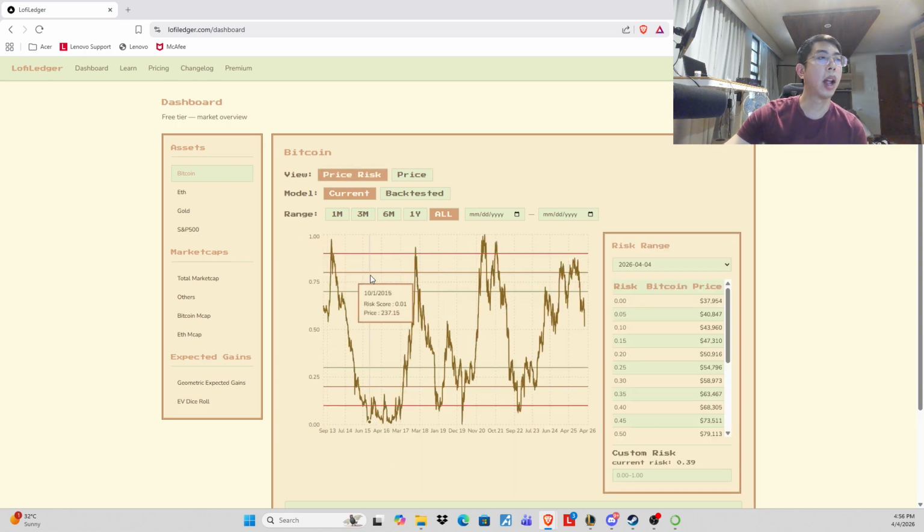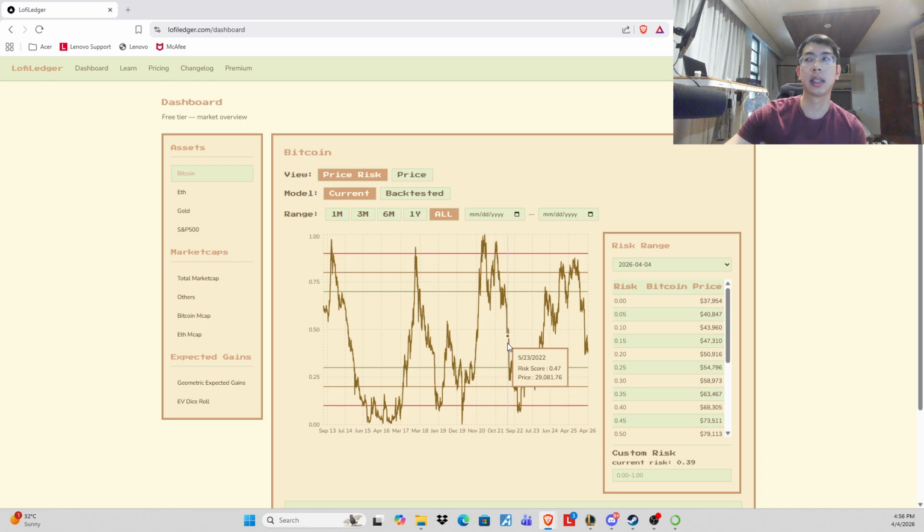And in the price, that's what we're also seeing in the risk. So the risk reflects the current state of Bitcoin compared to how it historically has moved, right? So historically, when Bitcoin has been at this level, it was similar to the time in 2022 where Bitcoin was around the same risk level, 0.47.